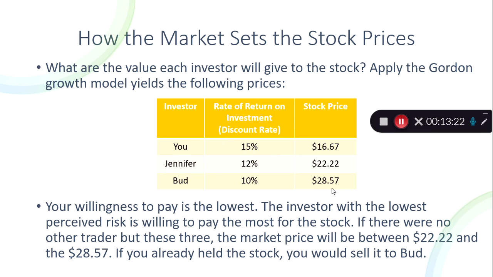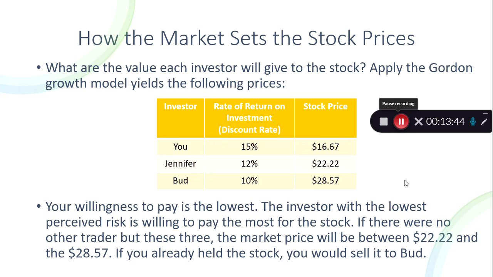And if you already held the stock, you would sell it to him, because the stock price in your mind is a lot lower than he was willing to pay. So you want to sell if you have the stock in your hand already.